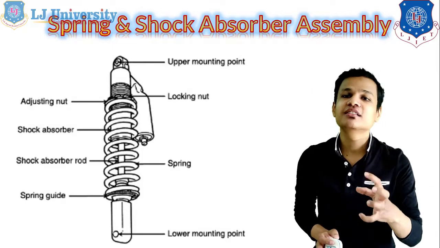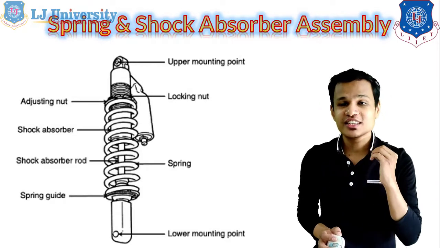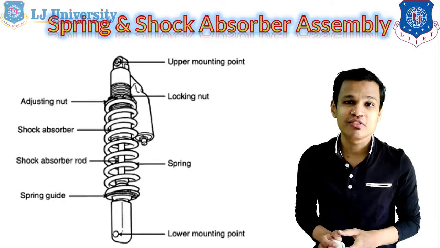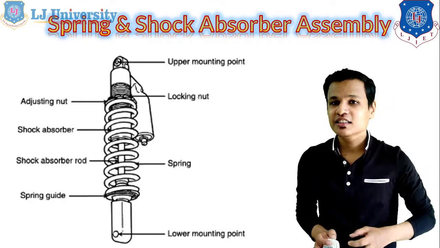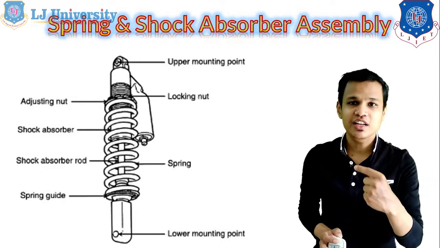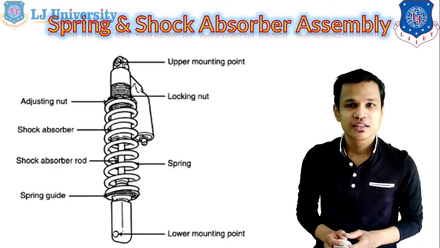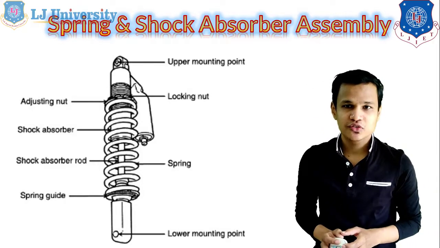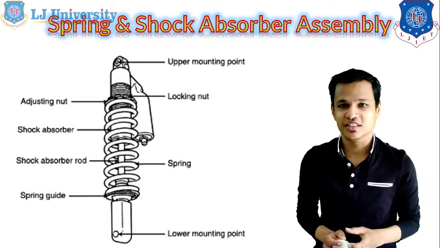The load generated during the driving will first be absorbed by the spring. It will completely absorb the load and will not allow the driver to face the load. So the spring will convert that load into vibrations.